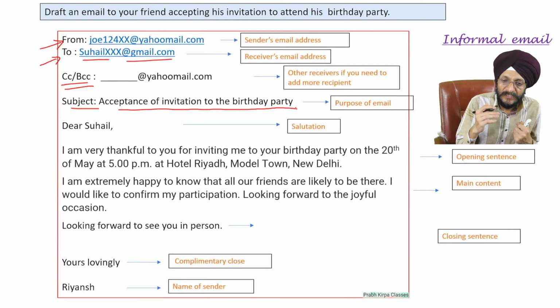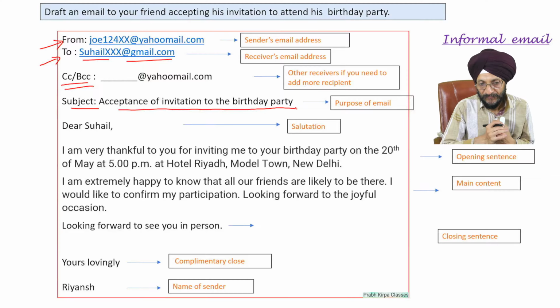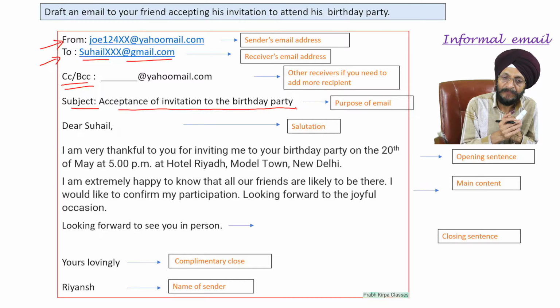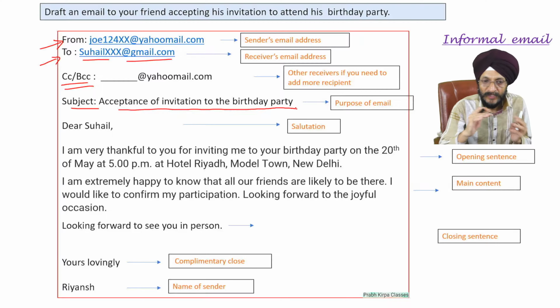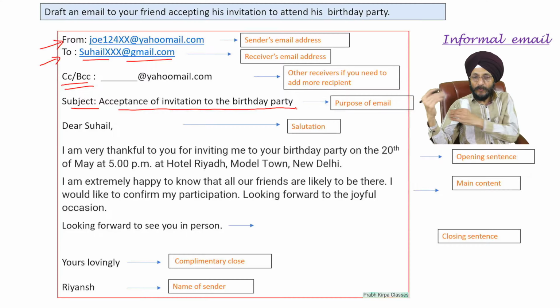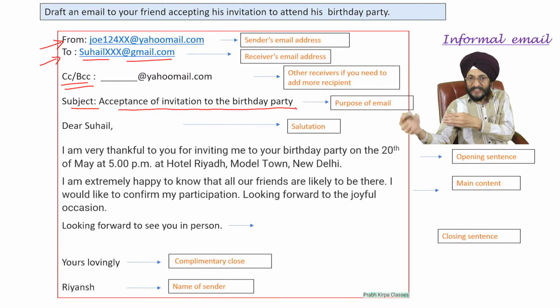It is proper to reply of having accepted the invitation, because the other person who is organizing the party may have to take into account how many persons will be there in the party, so that he may make order for the plates accordingly.